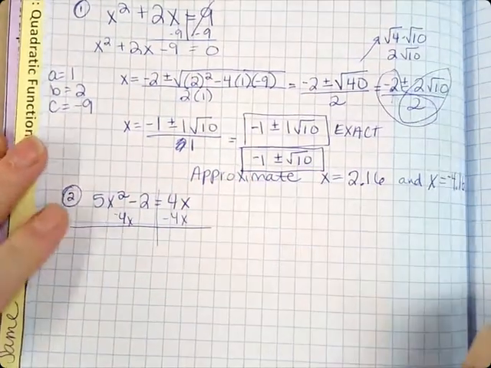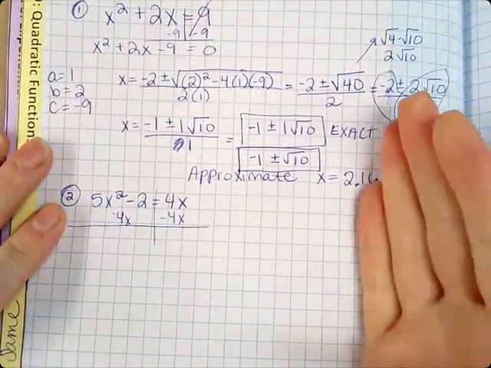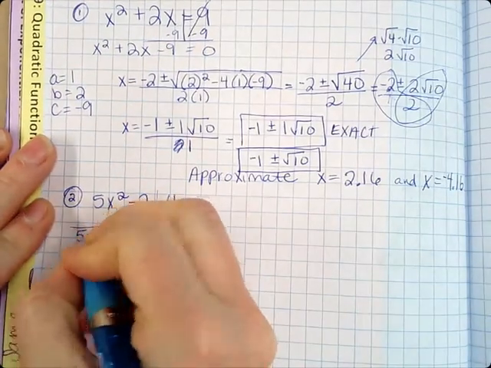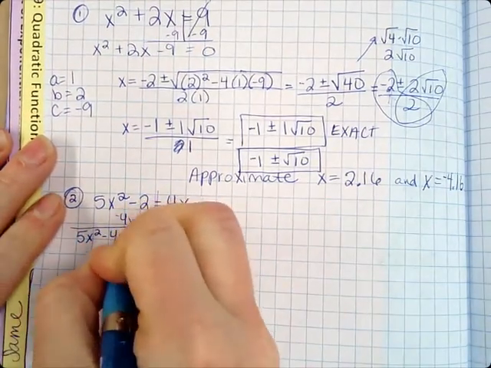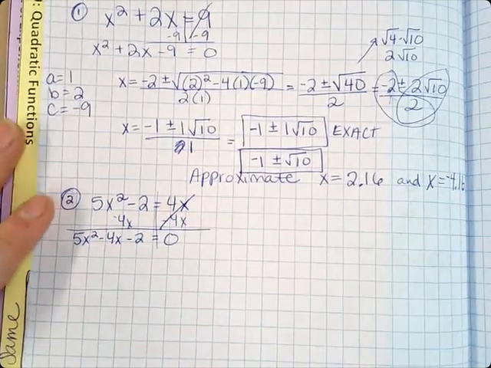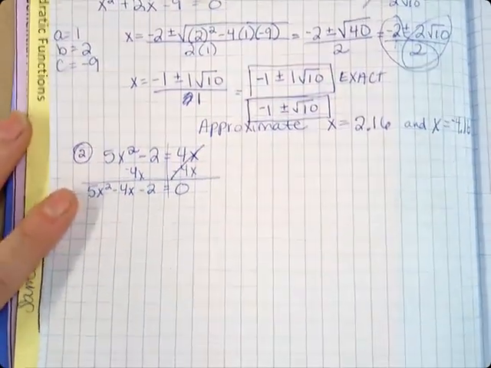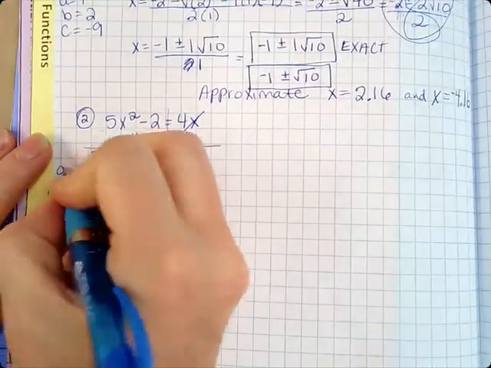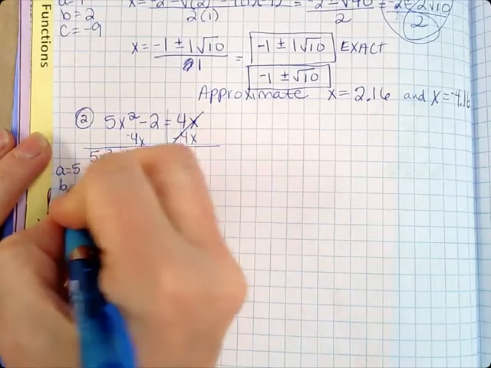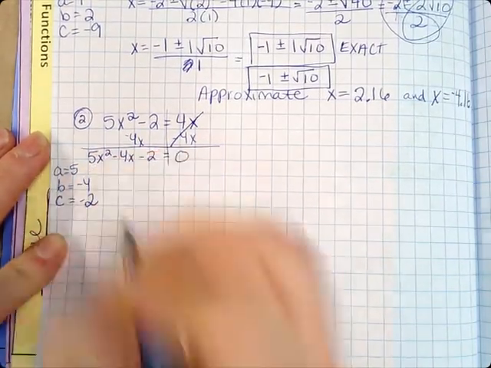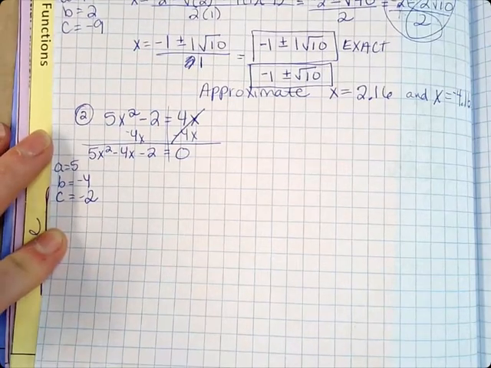We want to be in that format of ax² plus bx plus c equals 0. So this would be 5x² minus 4x minus 2 equals 0. So a is 5, b is -4, c is -2.